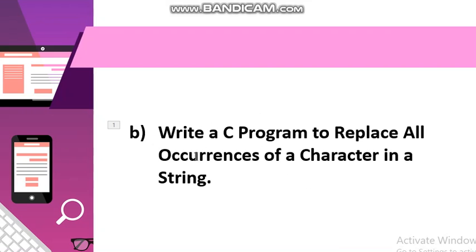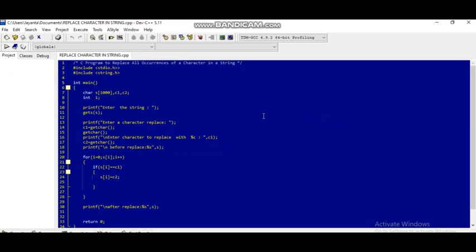Now we will discuss the next program: write a C program to replace all occurrences of a character in a string. To solve this problem, first we have to include the header files, the standard input output header file and the string header file. Then int main, the main function.